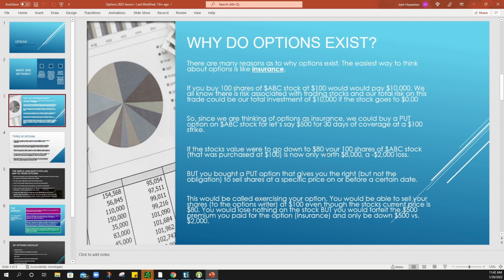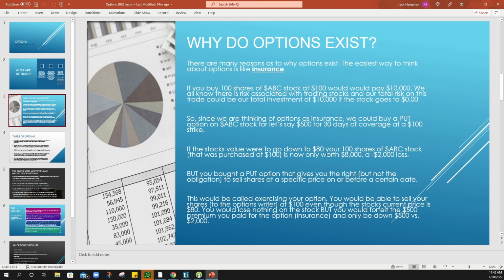So again, you'd be able to sell your shares to the options writer at $100, even though the stock's current price is $80. So they're taking the loss there, right? They're going to have to buy your shares at $100, but it's only worth $80. That sucks for them, but it's good for you.